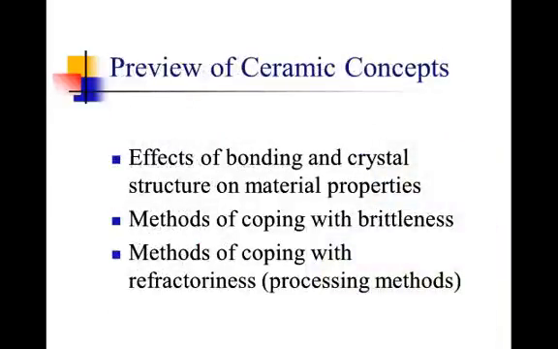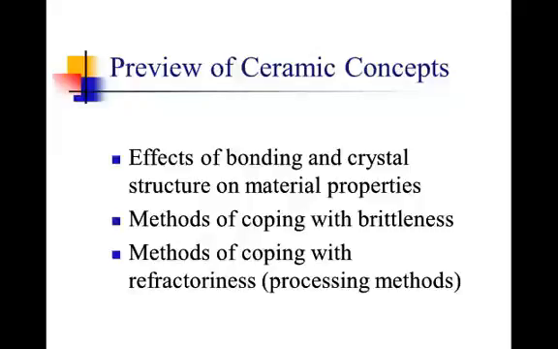So keeping that in mind, the ceramic section of the course is going to cover three main aspects. The first part of this section, we're going to talk in more detail about the differences between the material properties of ceramics compared to material properties of other classes of materials.